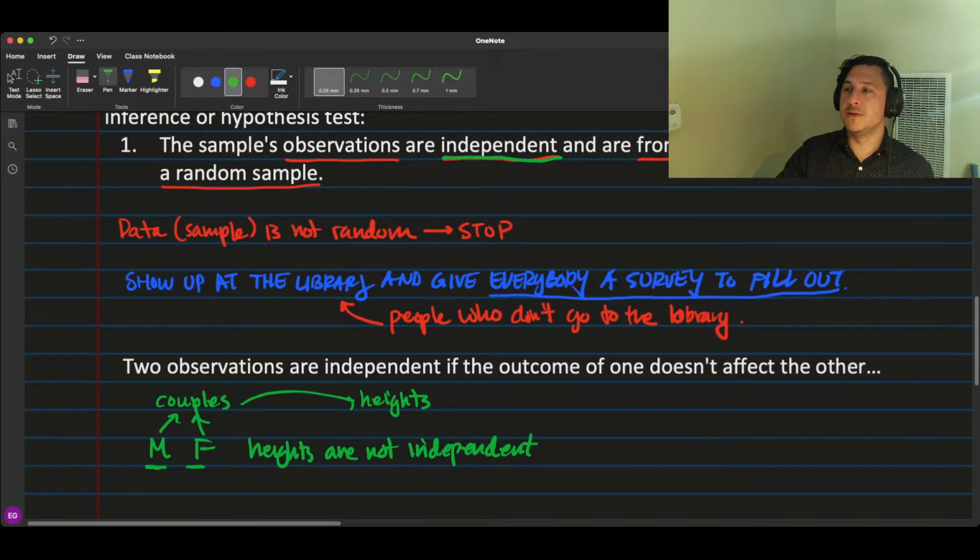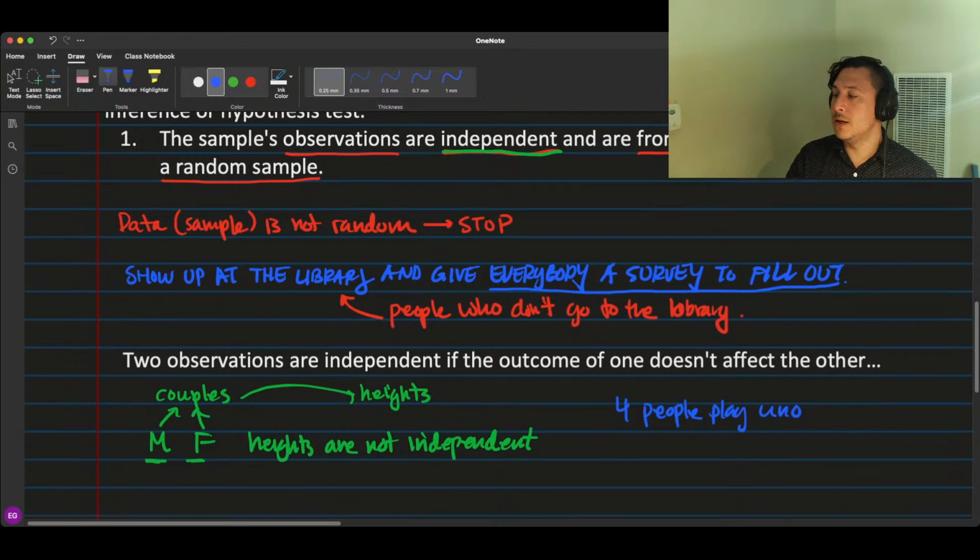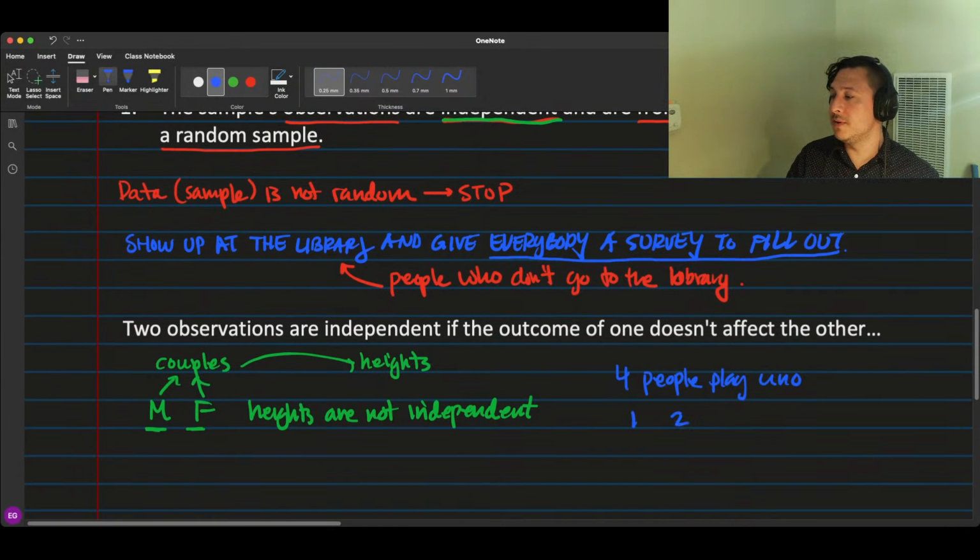Here's another good example. What's a card game where only one person can win? Cool, Uno. So let's say you have 4 people playing Uno. Okay. So there's person 1, person 2, person 3, and person 4. If I told you that person 1 won the game, what do you now know about the other people?